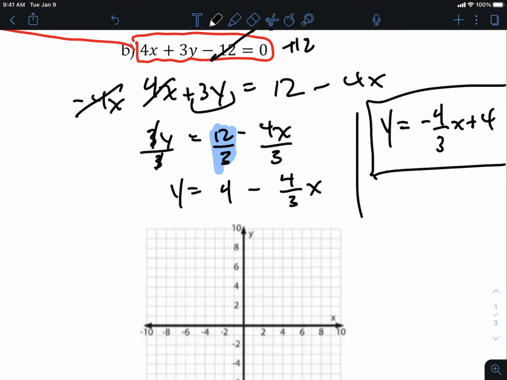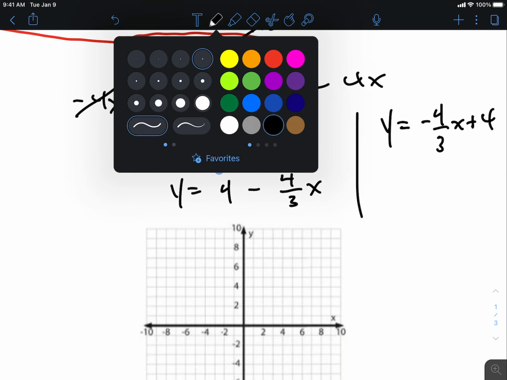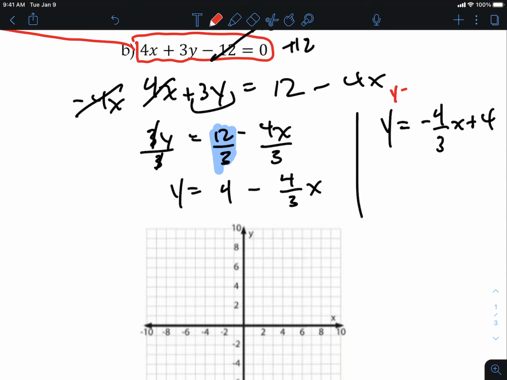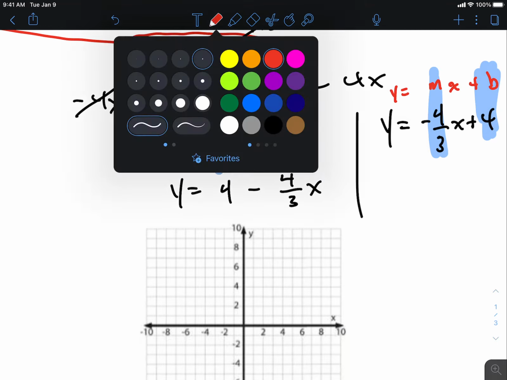So, if I were to rewrite on top of this, y equals mx plus b, I could then now find m, and I can find b. Right?